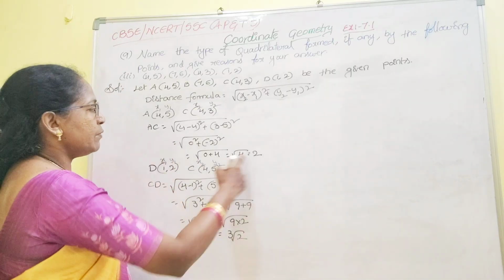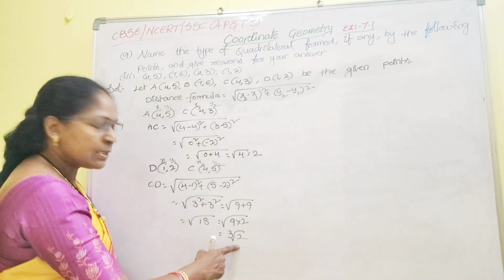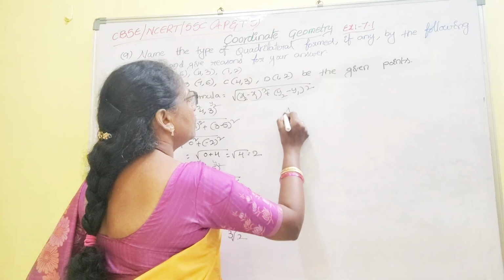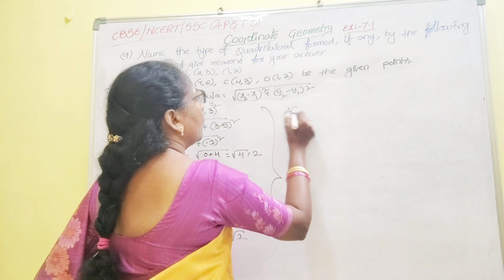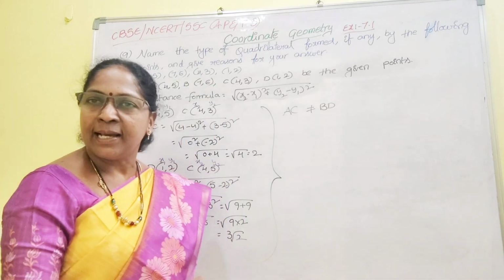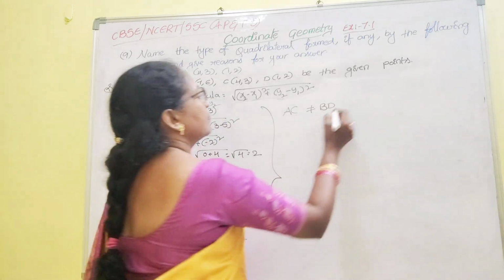Here AC value is 2 and BD value is 3 root 2. That means AC is not equal to BD. That means diagonals are not equal.